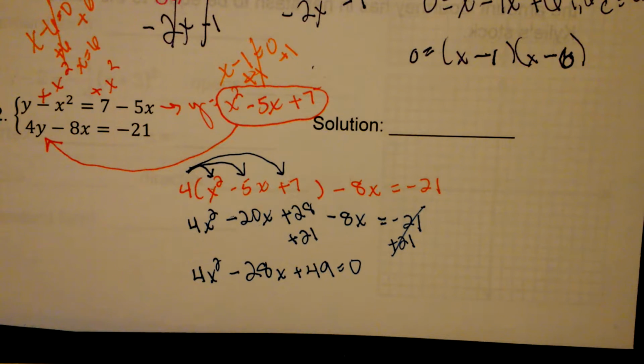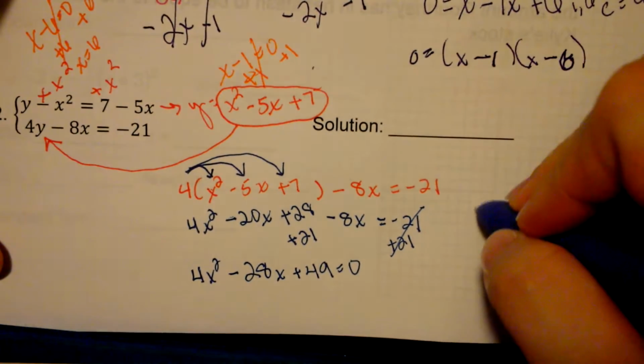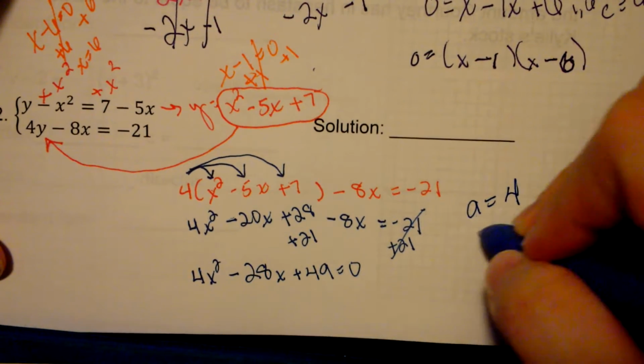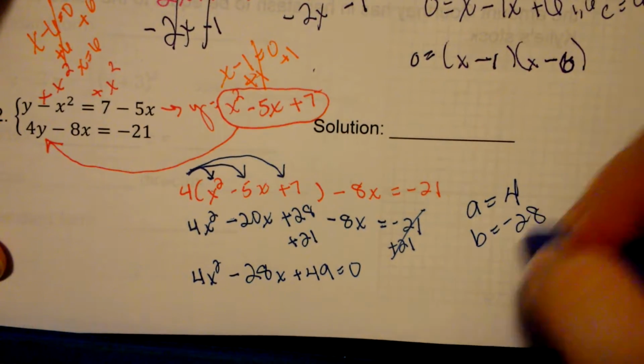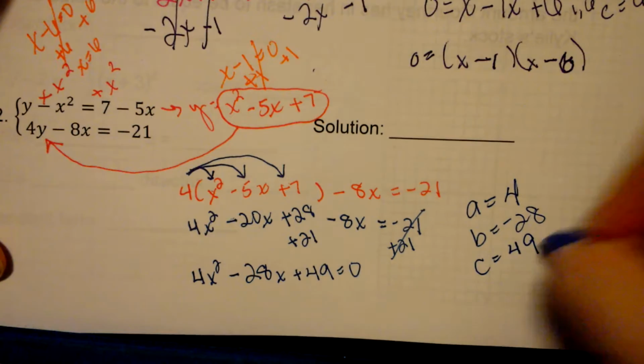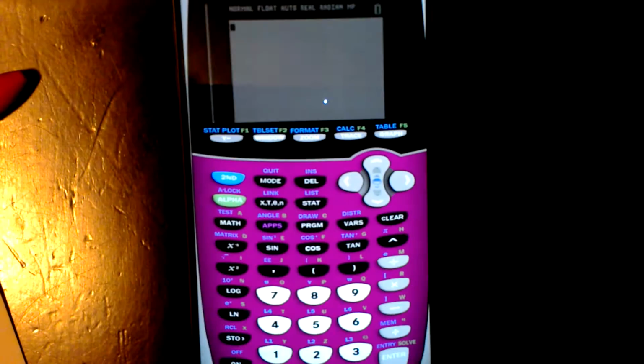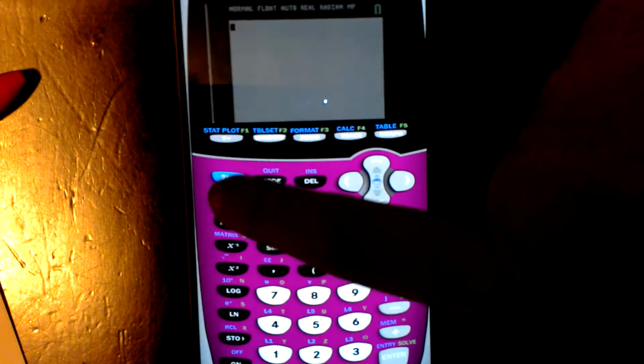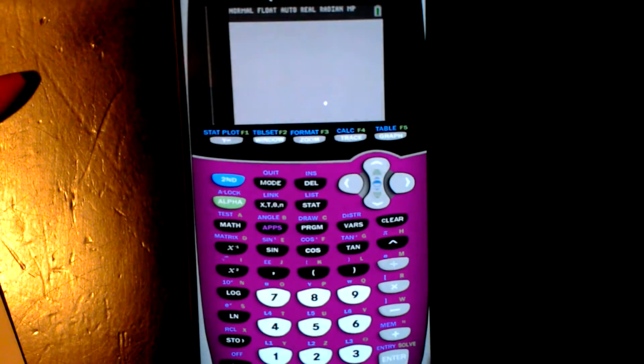So I could factor, but I'm going to end up with some big numbers, so I'm just going to do the quadratic formula. I'm feeling kind of lazy. So I'm going to go alpha y equals enter.